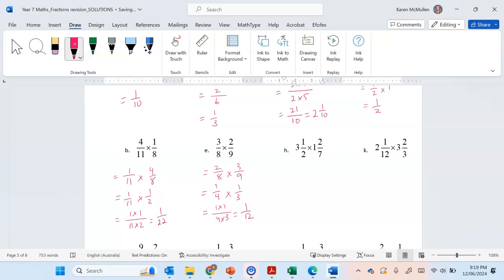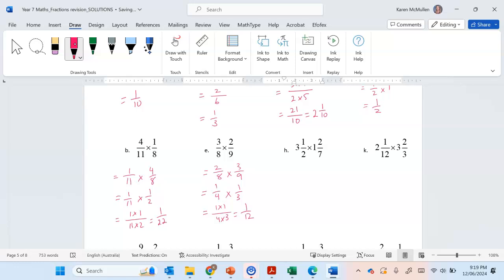So you can see simplifying at the start is probably a lot better. For this one, you would have had to do 8 times 9, and I know you've got your multiplication table, but then you're going to have to simplify that. So just switching those numerators and simplifying at the start makes multiplying fractions a lot easier.